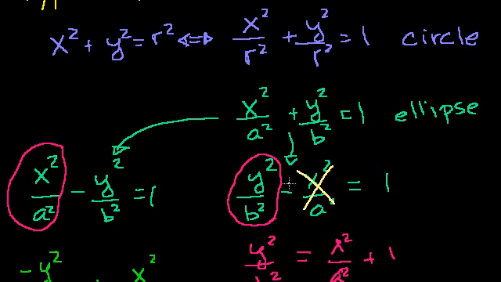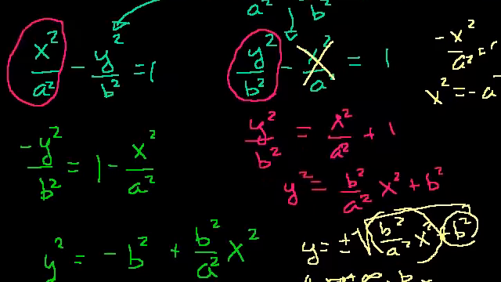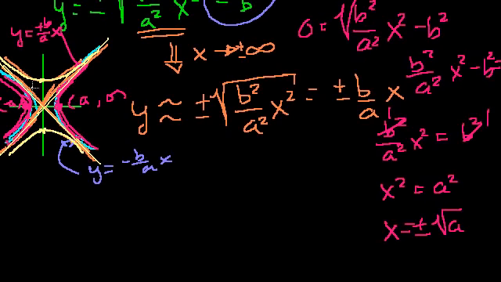But if y were equal to 0, you'd have minus x squared over a squared is equal to 1. And if you solve this, you would get x squared is equal to minus a squared. And we're not dealing with imaginary numbers, so you can't square something and get a negative number. So once again, this would be impossible. So that's the other clue that tells you it opens up and down, because in this case, y could never equal 0.